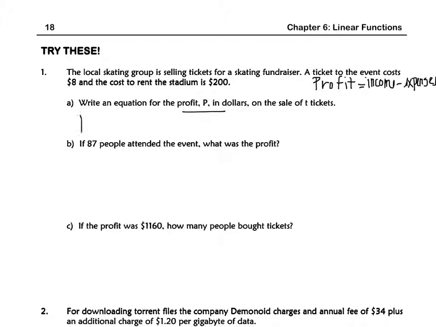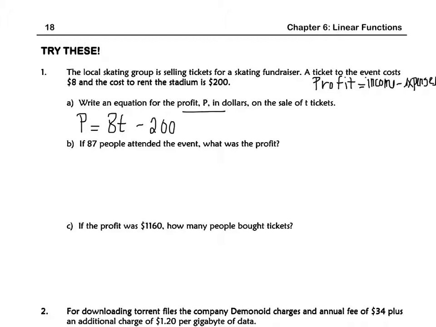So the amount of money they're going to take in would be $8 for every ticket sold, so that would be 8t. But from that income, we have to pay for the rental, so that would be minus 200. In this case, T represents how many tickets are sold, and P represents the profit in dollars.